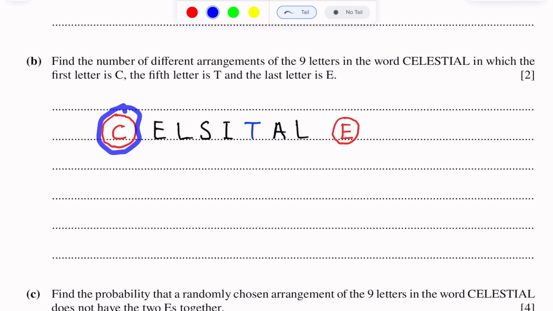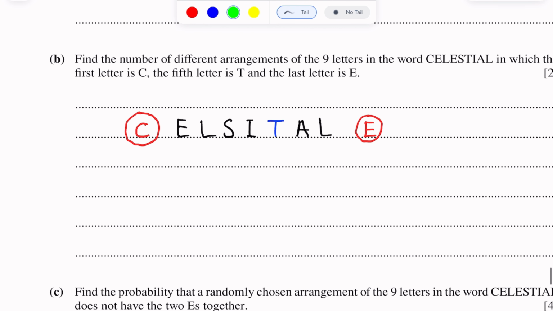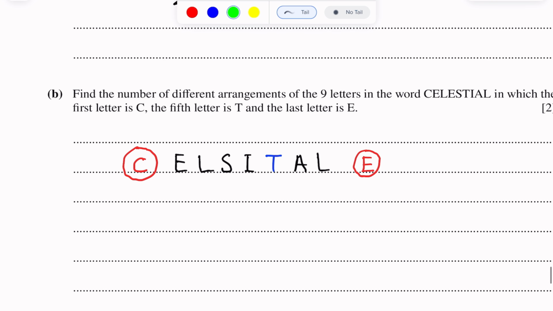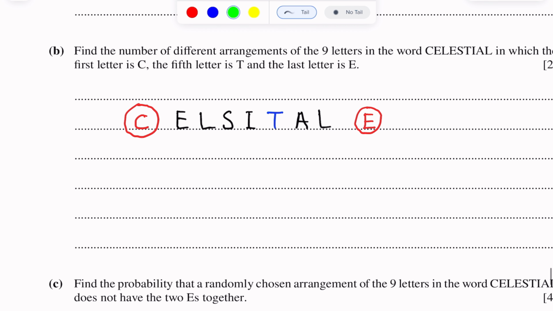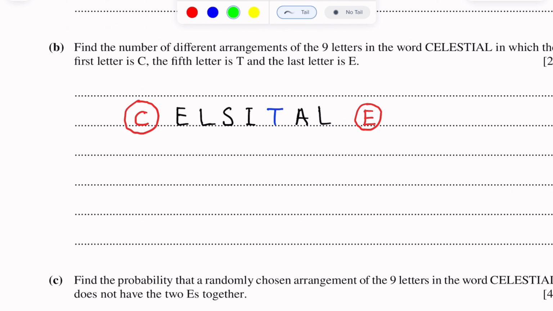First letter is C, the last letter is E, and the fifth letter is T. 1, 2, 3, 4, 5. Fifth letter is T. Now we will arrange, following the restrictions. So these are 6 letters: 1, 2, 3, 4, 5, 6.